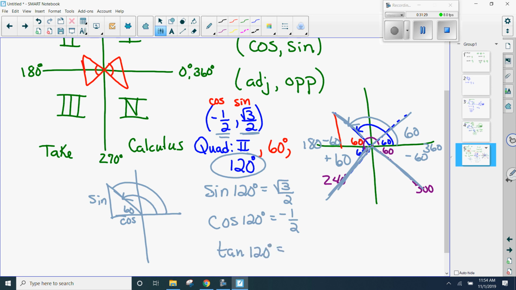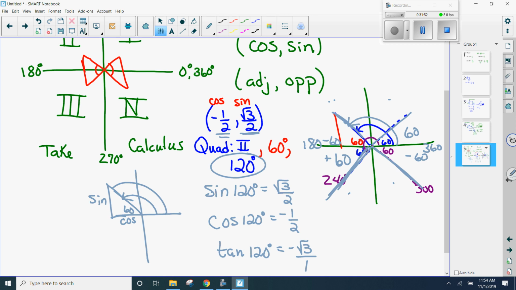Well, you have that 60-degree reference angle, flip it. What do you get? Radical 3/1. But if I talk about all students take calculus, the only thing that's positive is sine, so what's this answer going to be? Negative.